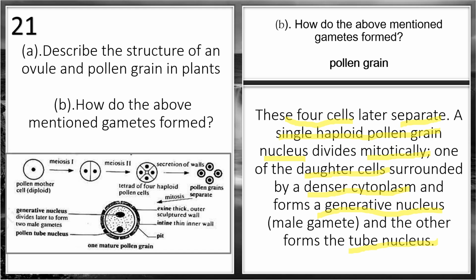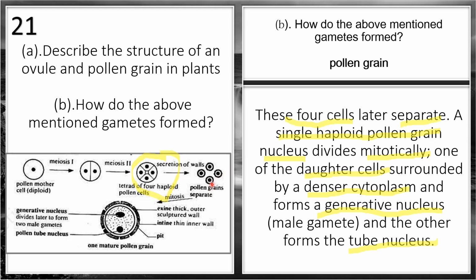So when we have our tetrad of the 4 haploid pollen cells formed here, they are going to secrete walls around themselves, and each one becomes a pollen grain of its own.